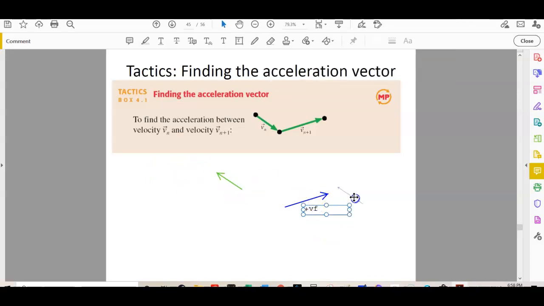and we're going to add to that the initial, which is the negative initial velocity vector.